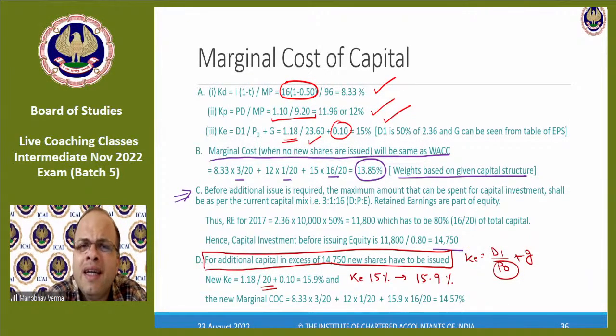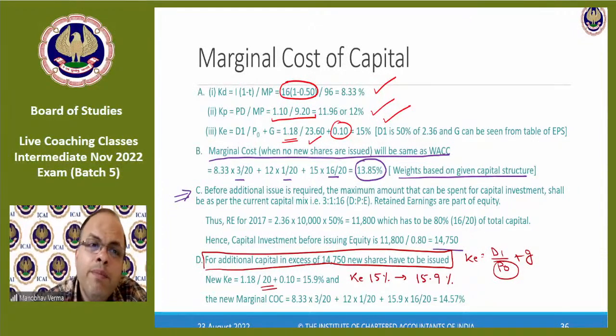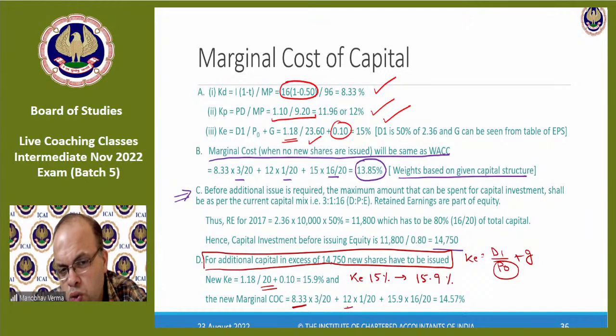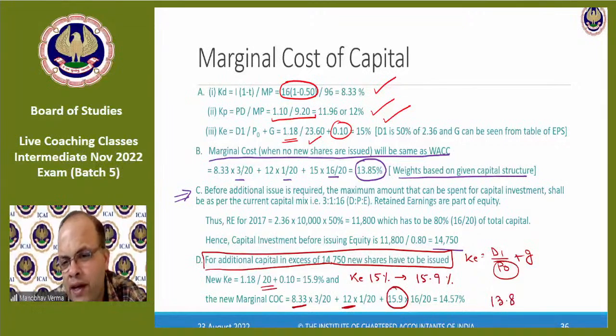One can argue that, sir, can there be a flotation cost for debenture and preference stock? Yes, there can be, but they have not given us anything here. So we are keeping our cost of debt as 8.33, cost of preference also same, but what got changed is the cost of equity. Hence, my weighted average cost of capital, which was coming out to be 13.85, is now going to be 14.57.